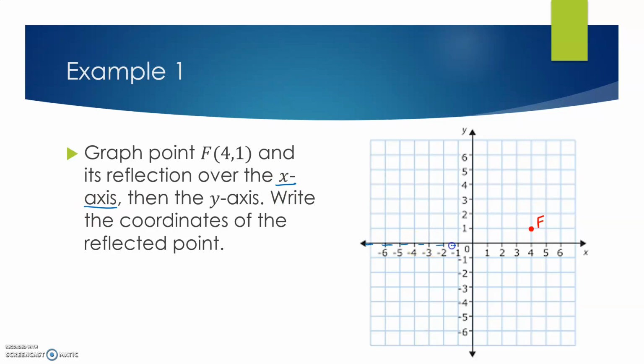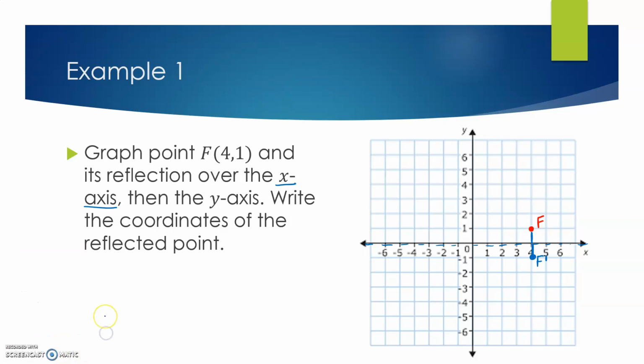I'm not moving it to the left or the right. I'm just flipping it over. So it's 1 away from the x-axis right now. So I need to move 1 away in the opposite direction. And it would go right here. And this would become F prime, because I did a transformation.